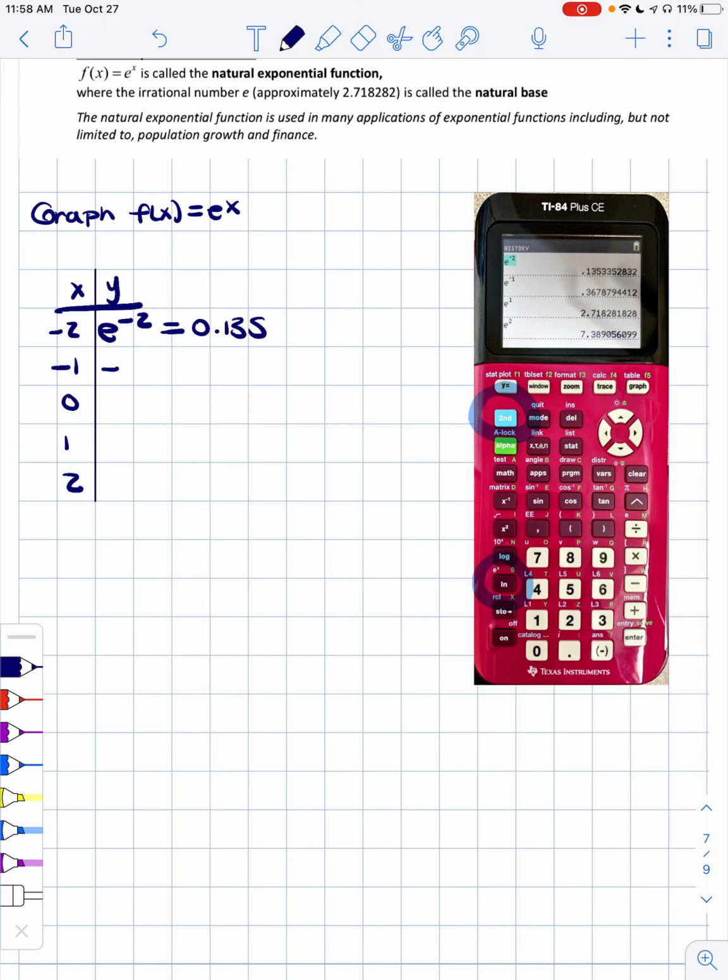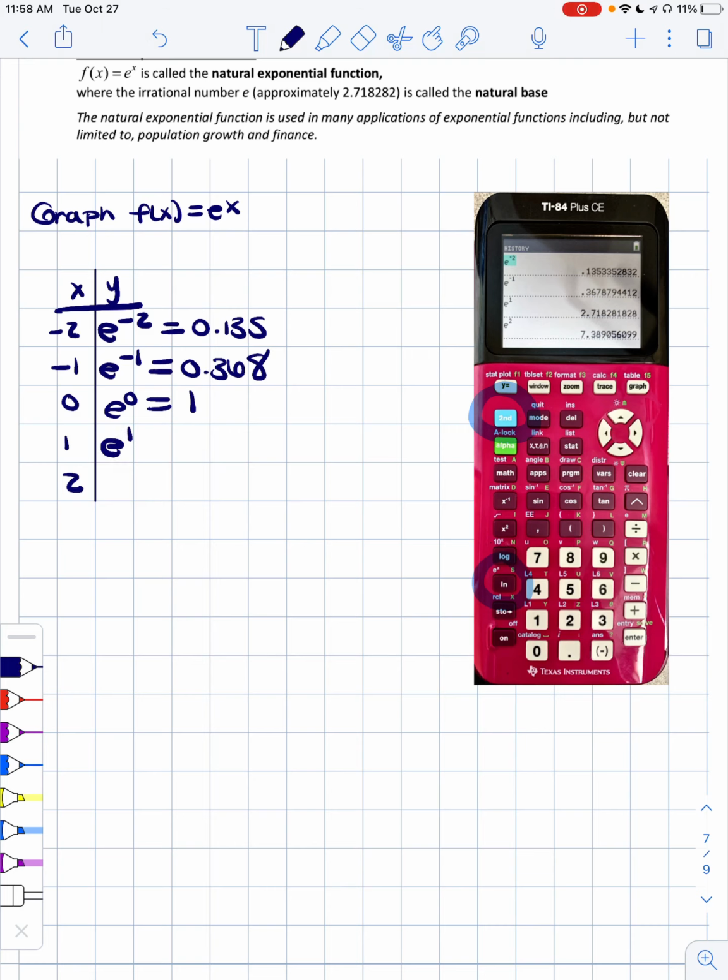And e to the -1, again, I'm hitting second, the ln, putting in my exponent of -1, and then enter. And that is approximately 0.368. e to the 0, that one I don't have to plug into my calculator because I know anything raised to the power of 0 is 1.